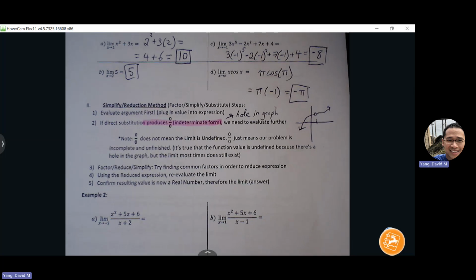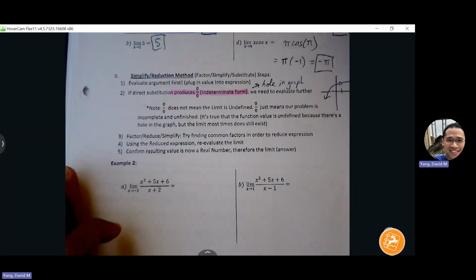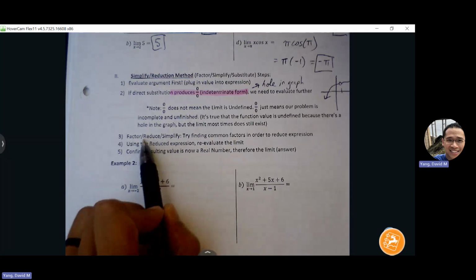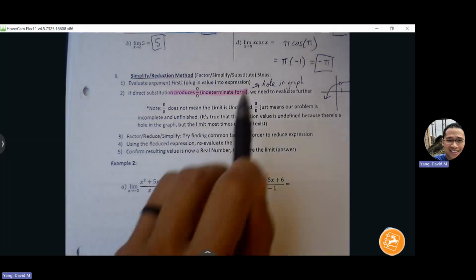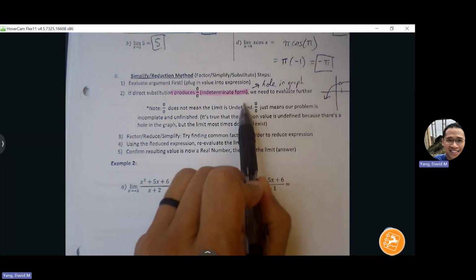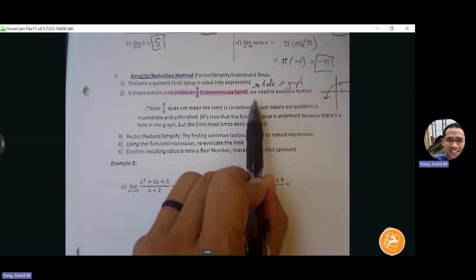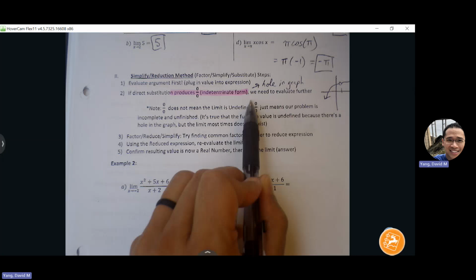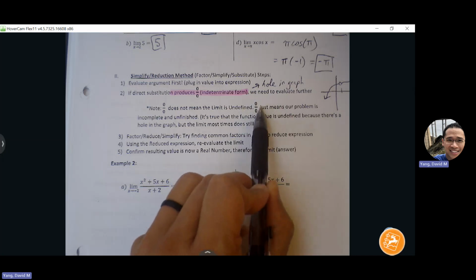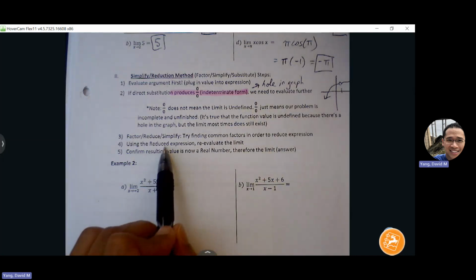So how are we going to work around that issue without having the graph in front of us? What we're going to do is try to factor and reduce and simplify. We're going to try to find in the numerator and denominator of our expression what's causing that 0 over 0. And then we're going to remove that 0 over 0. And if we remove it, we're going to get a reduced expression.